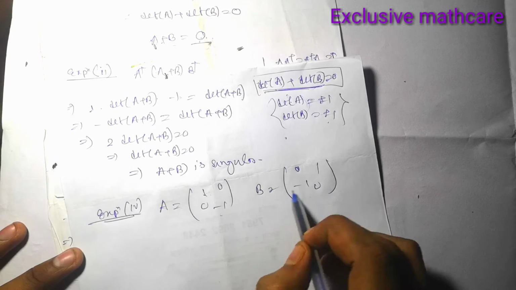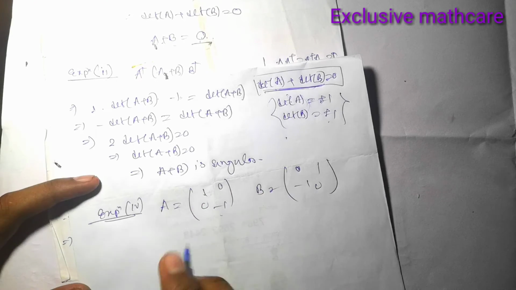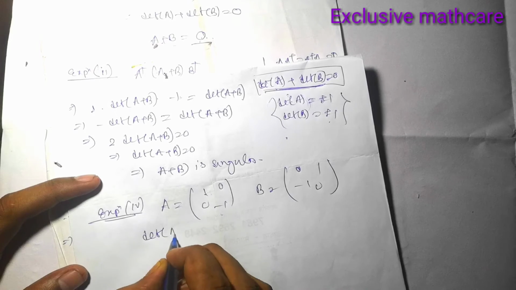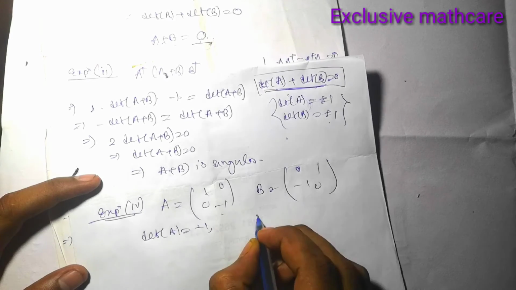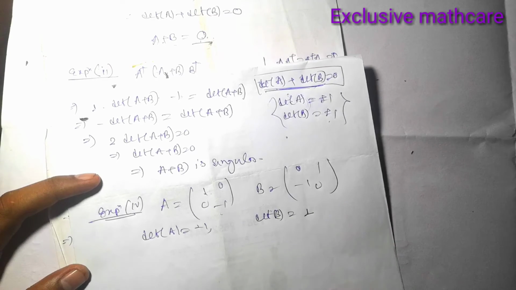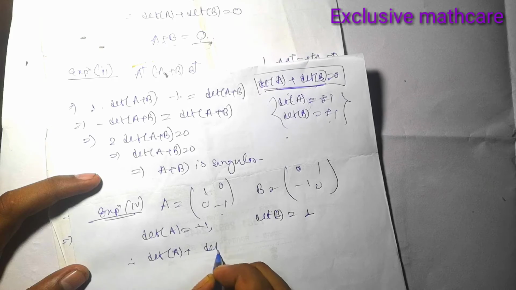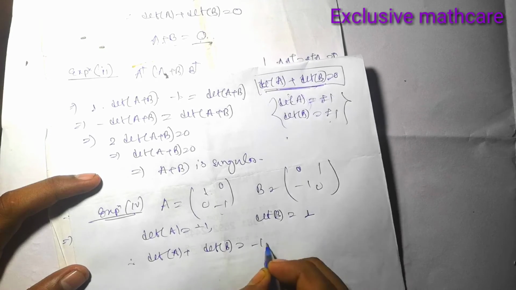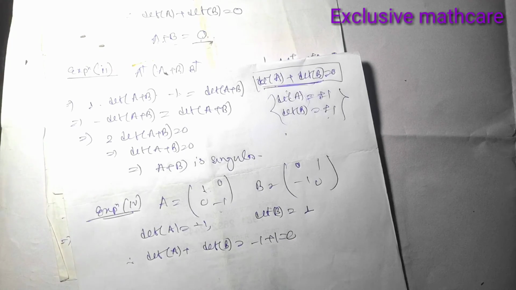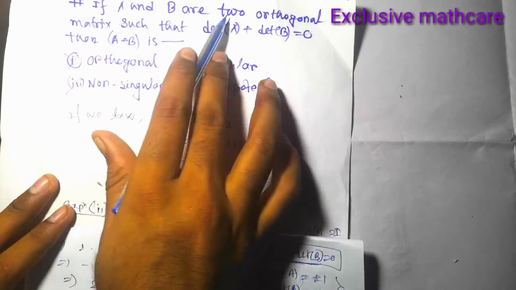So these two matrices are orthogonal. Now we check det of A equals minus 1 and det of B equals plus 1. So det A plus det B equals minus 1 plus 1 equals 0. So these two matrices satisfy all the given conditions.